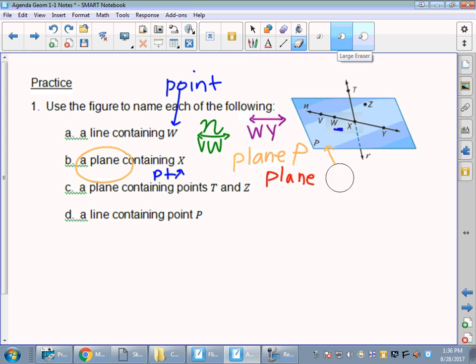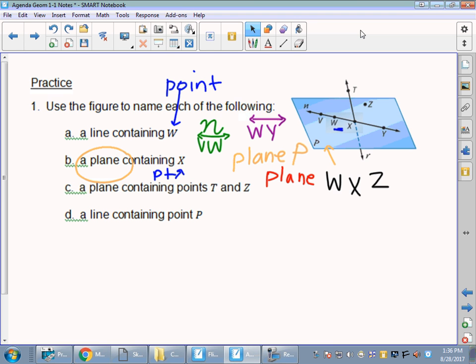So I could name it instead, find yourself 3 non-collinear points, maybe WXZ. That would be a good way to name that plane. Or XYZ. Looks to me, see if you agree, that point Z has to be in any way that we name that plane.